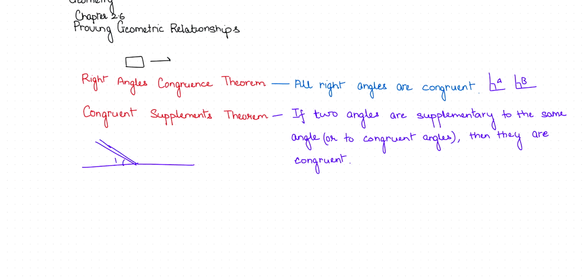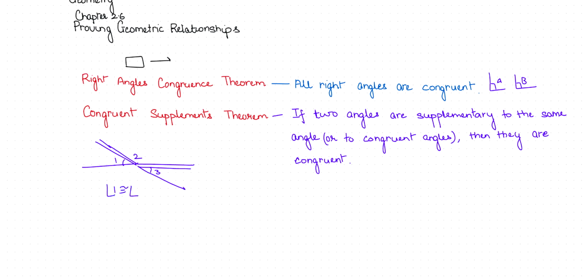Okay. So angle 1 and 2, they are supplementary, and there is another angle, angle 3. So 2 and 3 are supplementary. Then angle 1 must be congruent to angle 3.